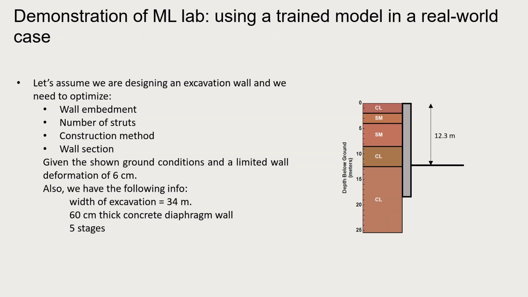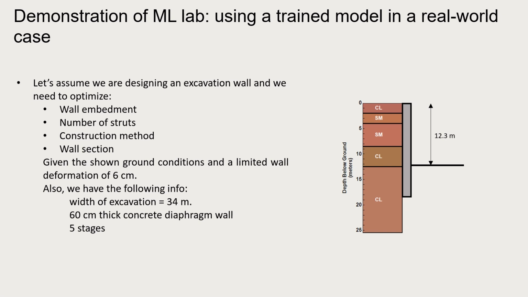Now we will use the trained neural network on a practical application. So this is the real case study, as we will see later. It's for an excavation that is 12.3 meters deep, and this is the soil profile for the excavation. So we need to support this excavation and provide an initial design to see how we can prevent large lateral wall deformation.